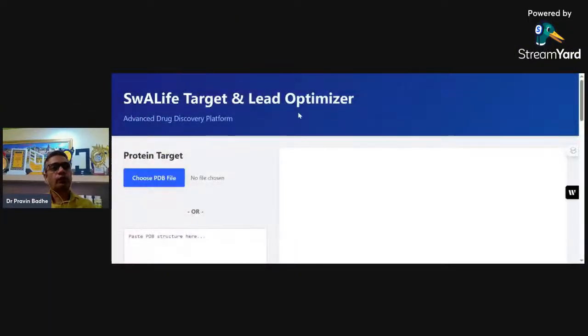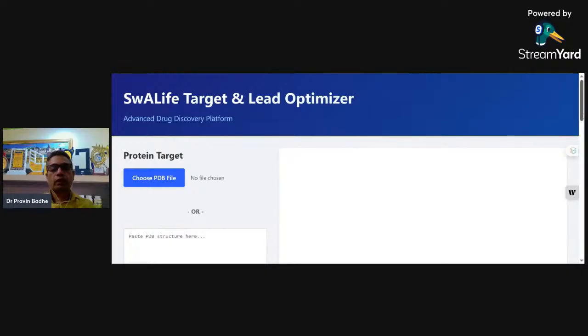The second one here is a tool we have developed which helps with target and lead optimization.